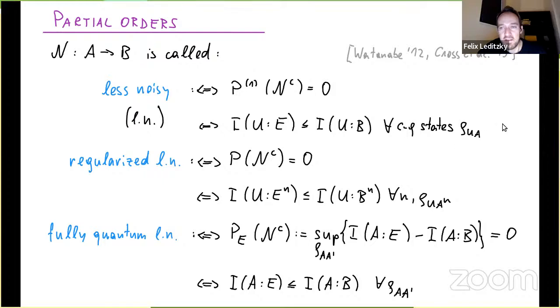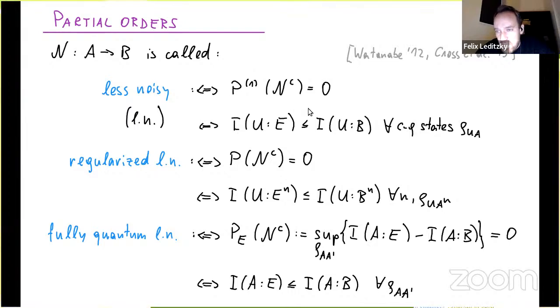And then the work of Watanabe was to generalize these orders by working directly with the capacity quantities. And so he defined the following terminology. A channel N from A to B is called less noisy if the complementary channel has 0 private information.